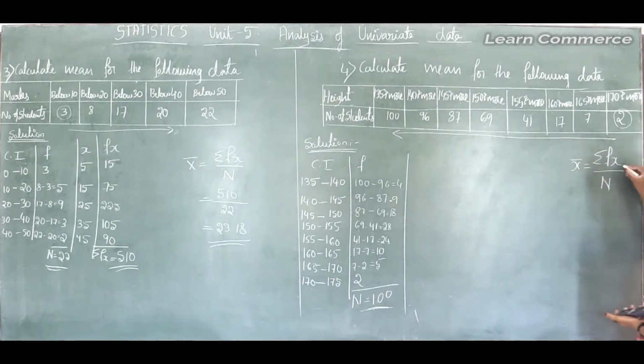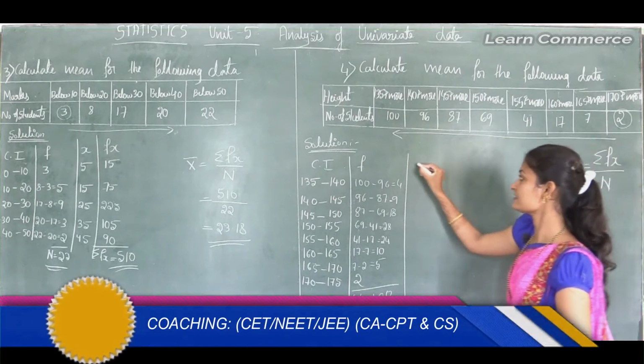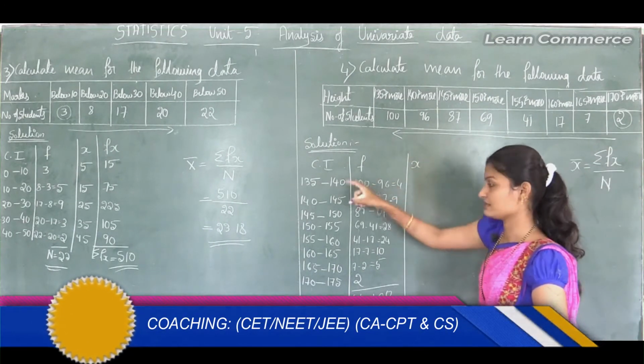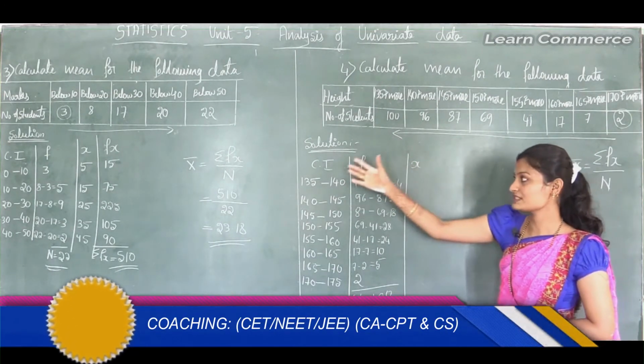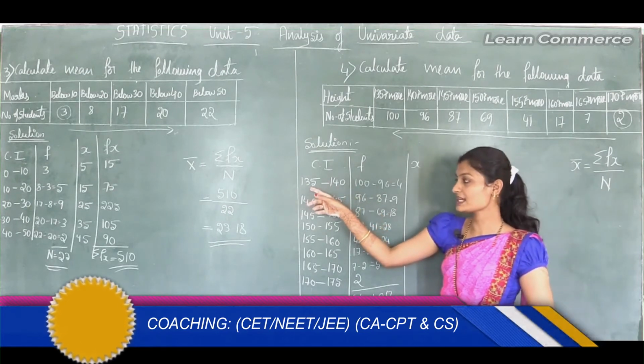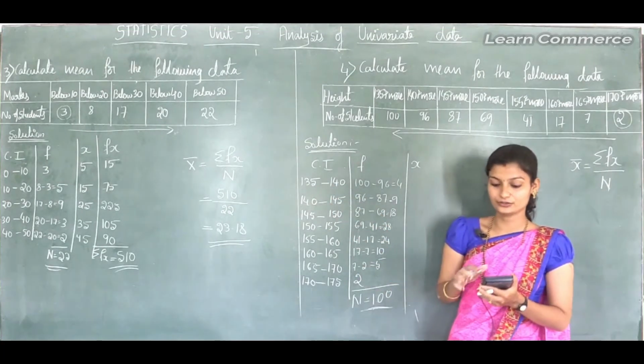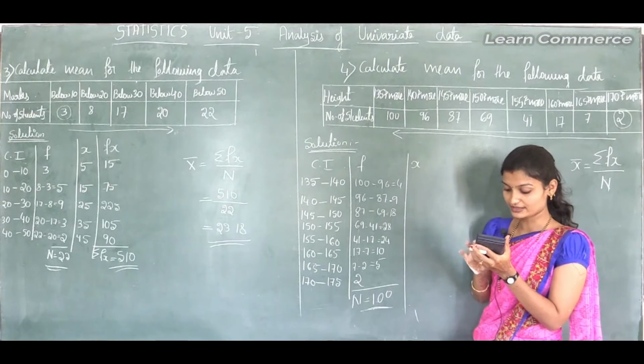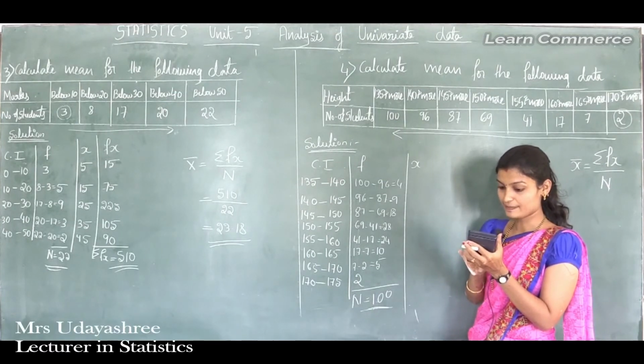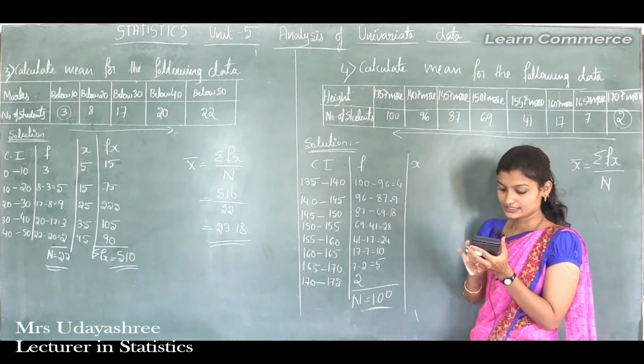Okay, next we need to find small letter x. Here small letter x is the midpoint of the class intervals. So how to find the midpoint of the class intervals? It is lower class limit plus upper class limit divided by 2. So here the lower class limit is 135 plus the upper class limit 140, divided by 2.